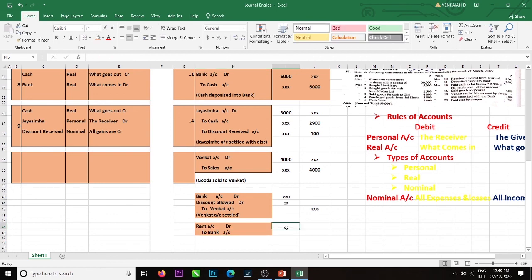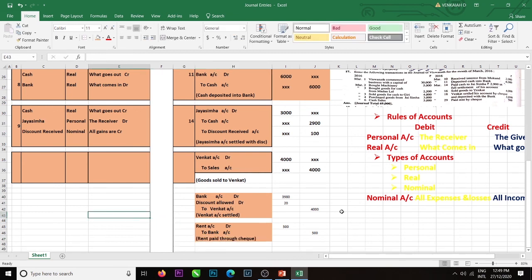Rent amount is 5. Very simple. We have to understand the rules. Rent paid by check. Okay, very simple.